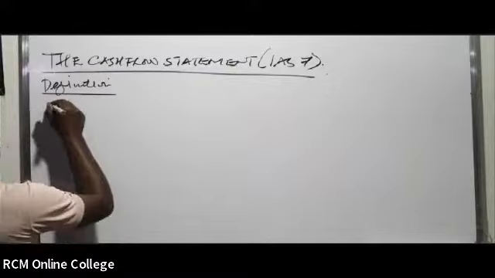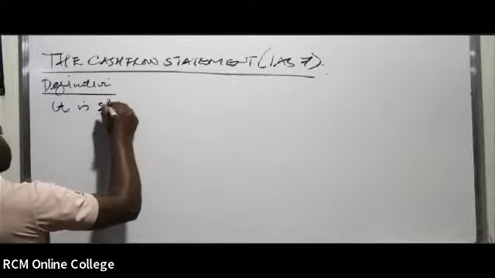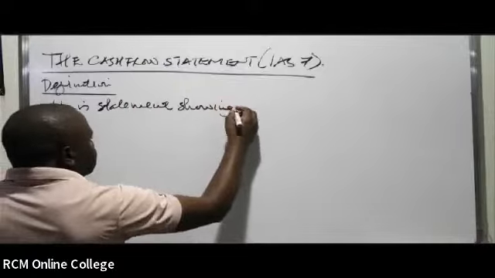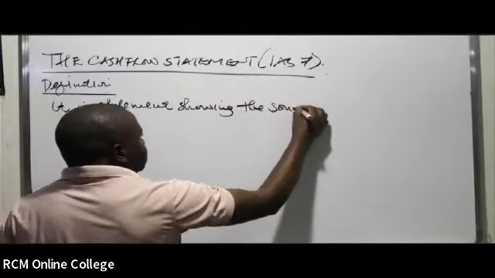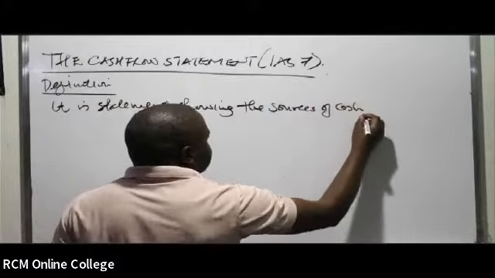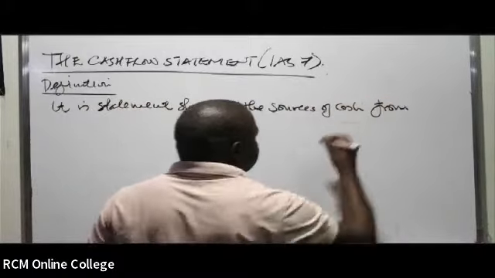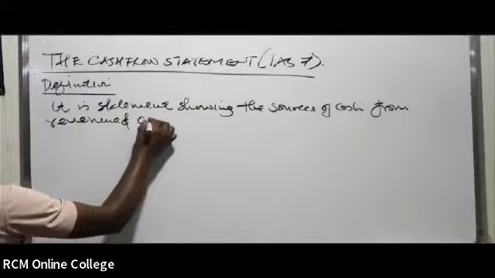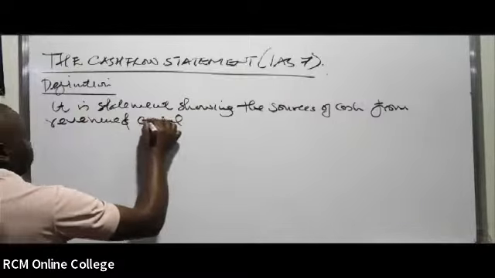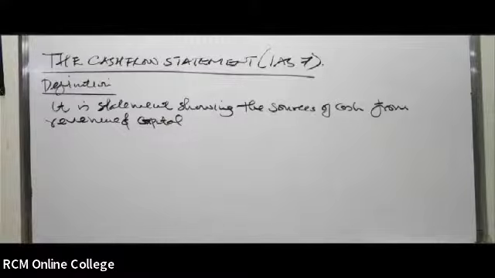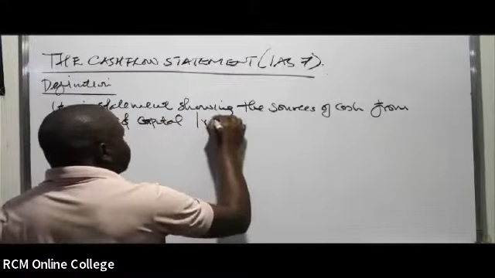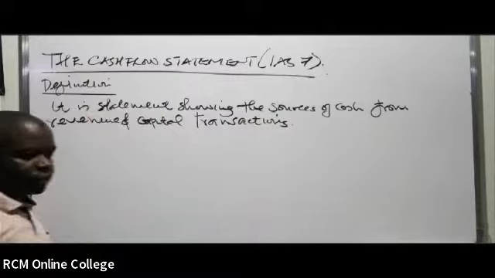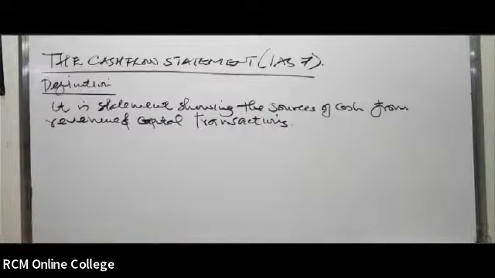It is a statement showing the sources of cash from revenue and capital transactions. You can give examples of these transactions.